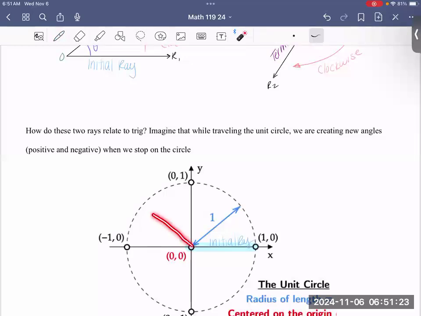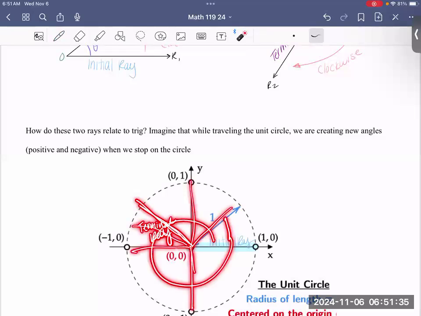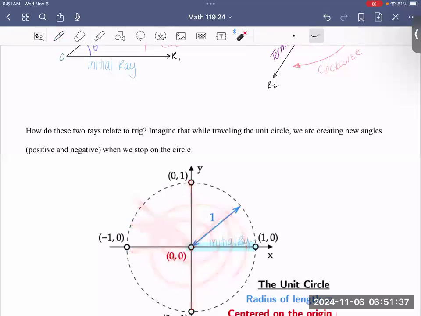And then wherever you end up stopping, this could be considered your terminal ray. That could be at any point on your unit circle, and you could be going counterclockwise or clockwise to make that angle positive or negative. But we're always going to be starting here and ending up somewhere along your unit circle. Let's say that this is your terminal ray right here.